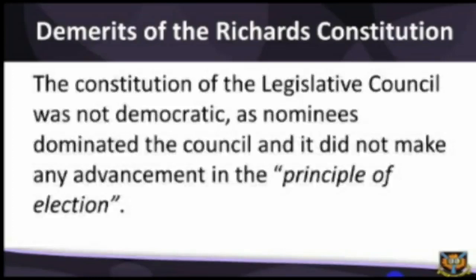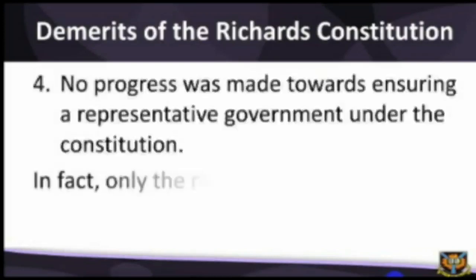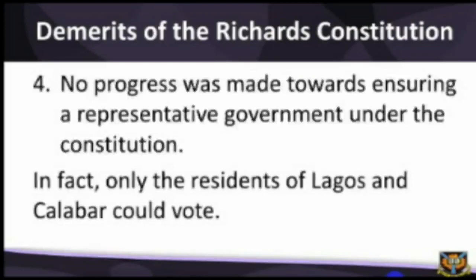Moreover, the constitution of the Legislative Council was not democratic, as nominees dominated the council, and it did not make an advancement in the principle of election. There were 4 elected members, 3 for Lagos and 1 for Calabar, in the Legislative Council, as it was under the 1922 Clifford Constitution, and as such, it had been argued that no progress was made towards ensuring a representative government under the Constitution.